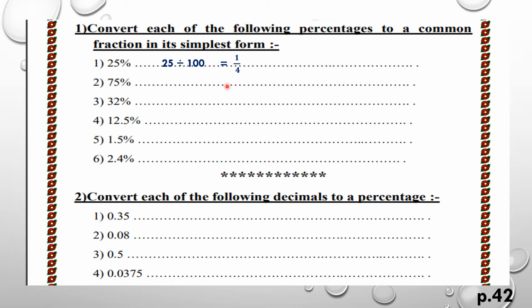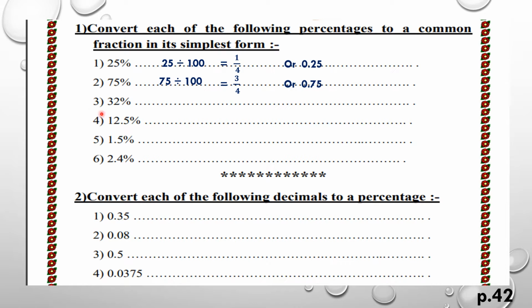This is in the form of a fraction. If we want it in decimal form, all we need to do is press SD on your calculator. The result will be 0.25.